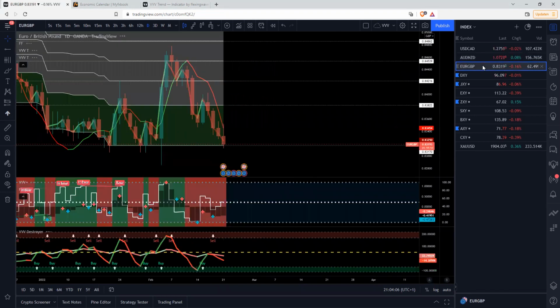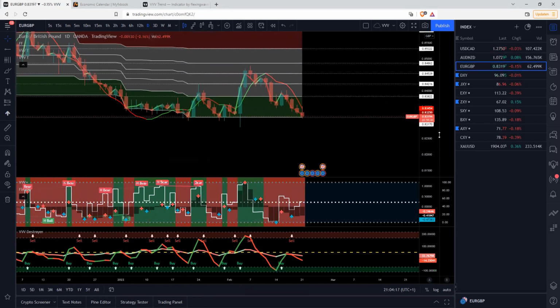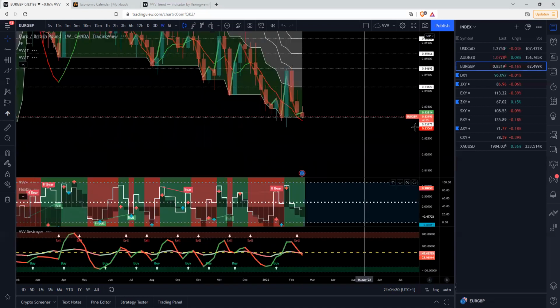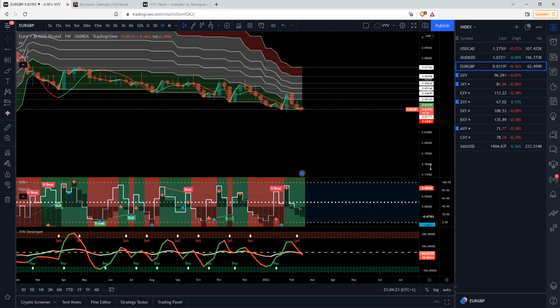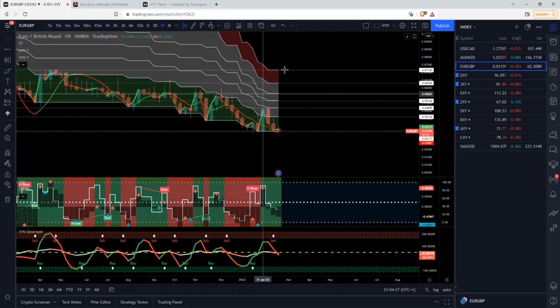Okay, the EUR/GBP. Yeah, there is a bearish momentum. We are on the support zone actually, but it looks like the support is going to break, and if the support is breaking, oh, the auto fib is getting smaller too.